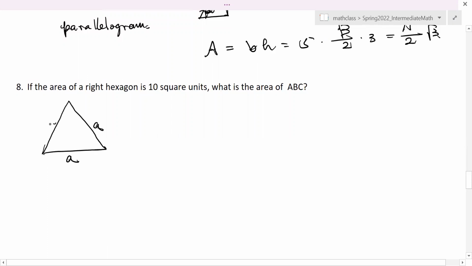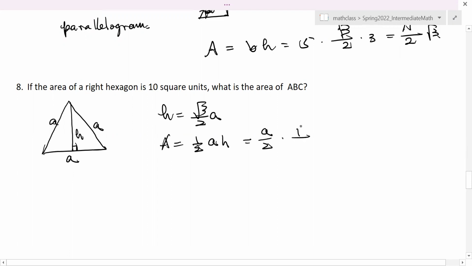If this is A, this is A, I need the height. The height is going to be square root 3 over 2 times A, right? So the area is half of A times H, which is half of A times square root 3 over 2 A. When I multiply this out, this is our formula for the area of the equilateral triangle, if you know the edge length.